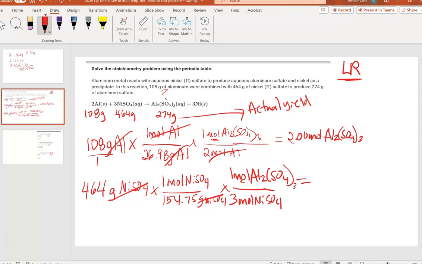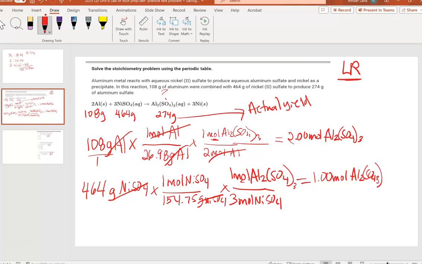So again, 464 divided by, I'm going to put parentheses, 154.75 times 3, close parentheses, will give me 0.999 moles. So I'm going to round that up to 1.00 moles of Al2(SO4)3.